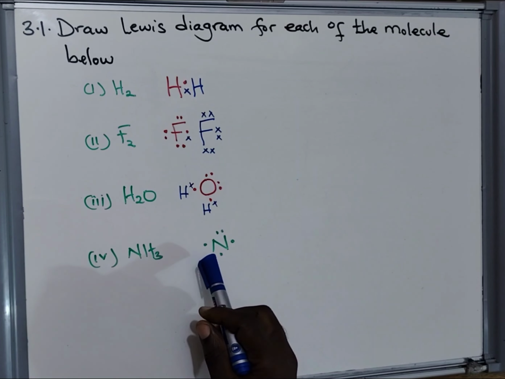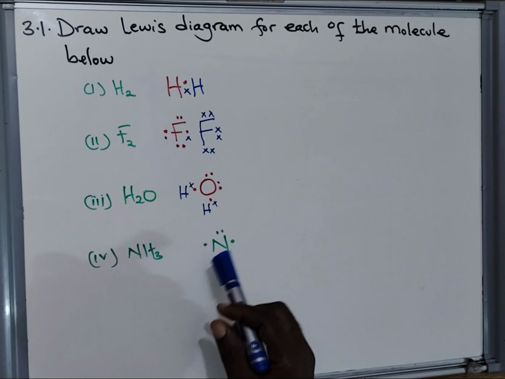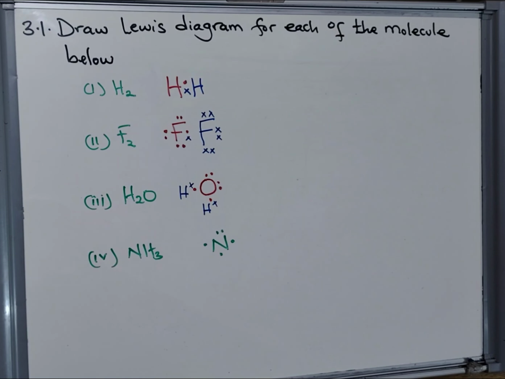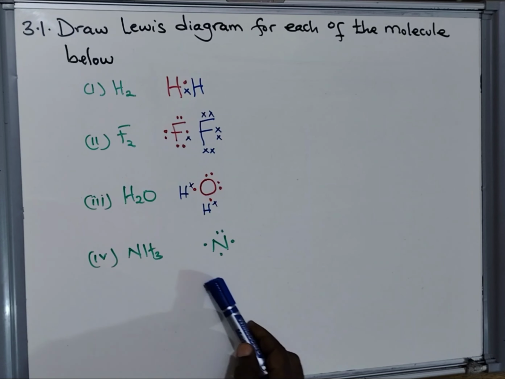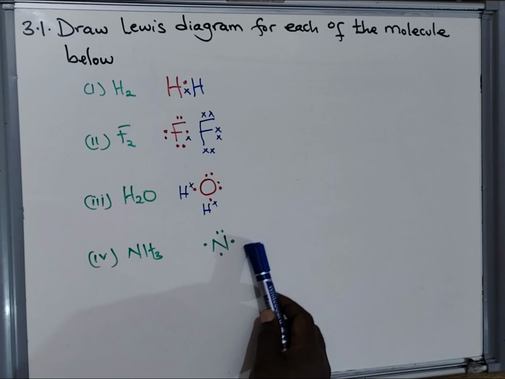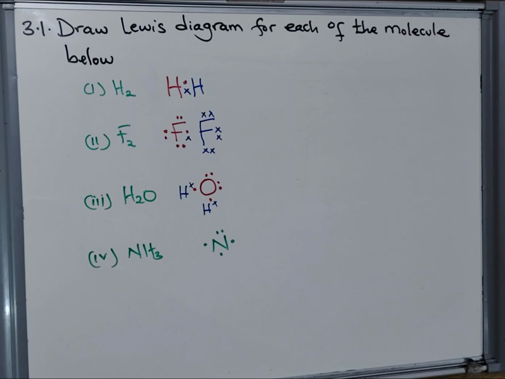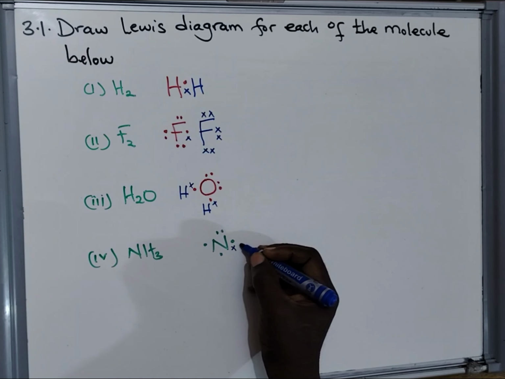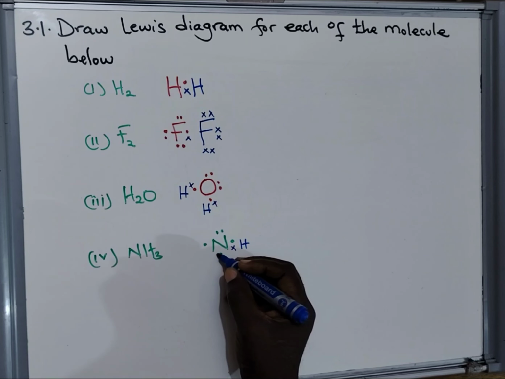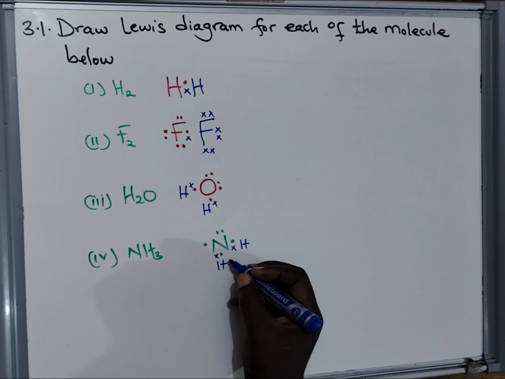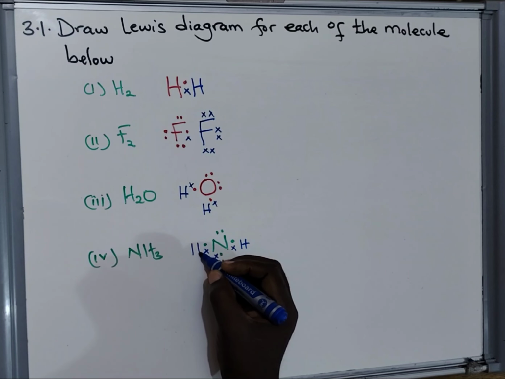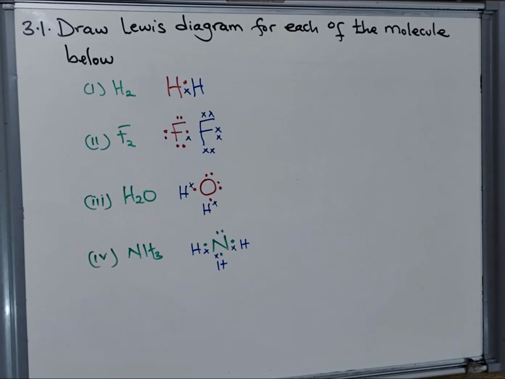It means that nitrogen has 3 unpaired electrons. You have to know that bonding forms between unpaired electrons, so nitrogen has the capacity to form 3 bonds. One comes here and it bonds with hydrogen. This hydrogen contributes that one, and this one contributes that one. So that is the Lewis diagram for ammonia.